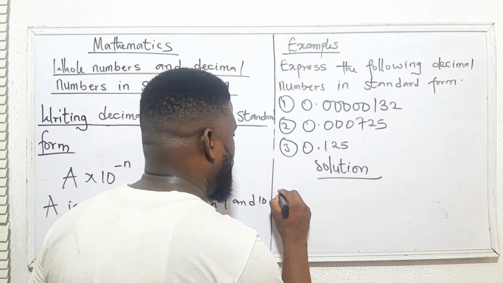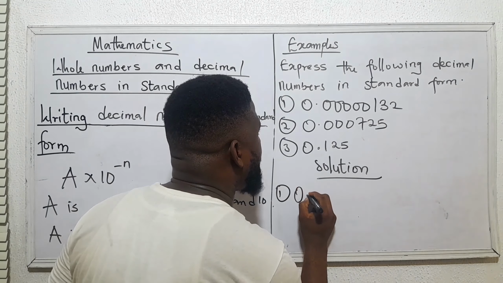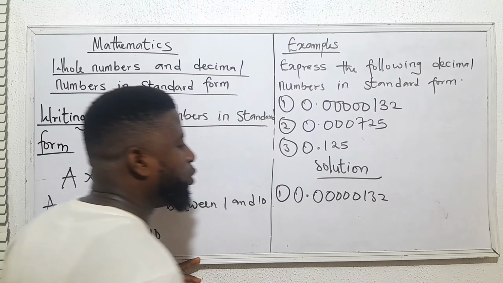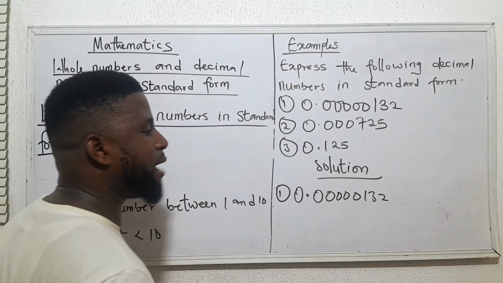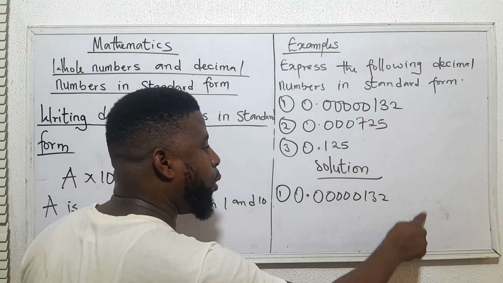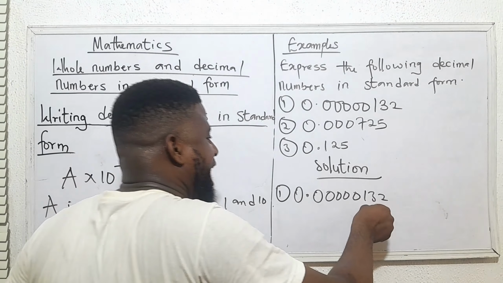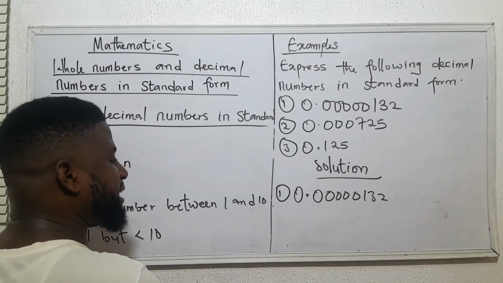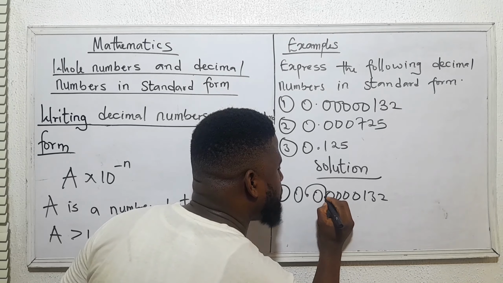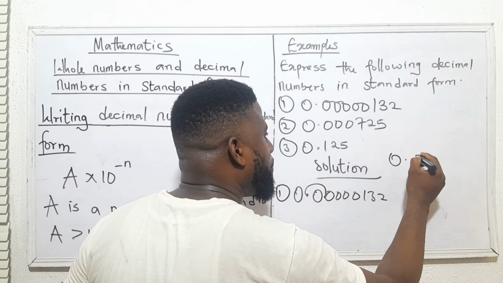Right? So for number 1, we have 0.000000132. Right? This is the place of the decimal point. Now we need to keep moving the place of the decimal point forward until we achieve a to be what? Greater than 1 but less than 10. So if I move it forward to this point, I will still have 0.0.